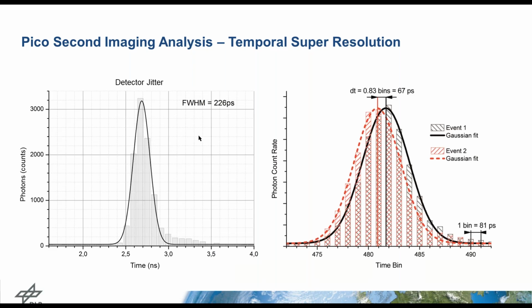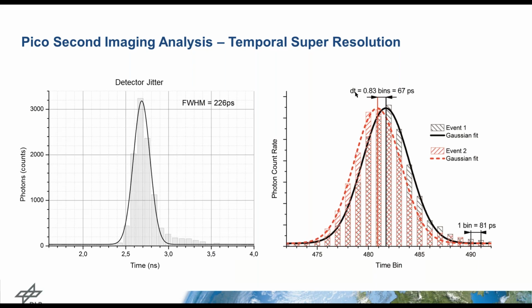You get 2 Gaussian distributions for these 2 different events. And if you compare the centers of these Gaussian distributions and measure the difference, you will see that you can achieve a precision that's less than the bin width of the TDC. And in our case, we achieved a precision of 6 picosecond.